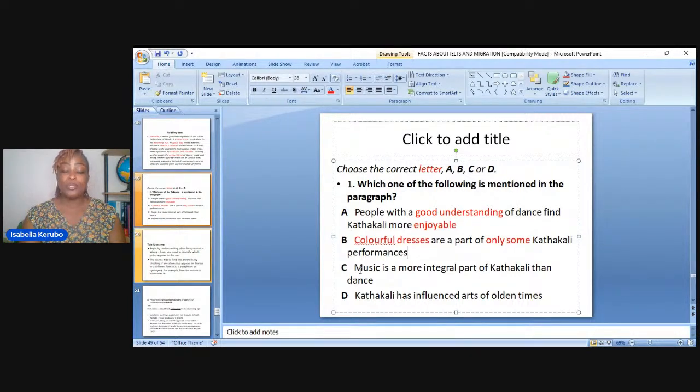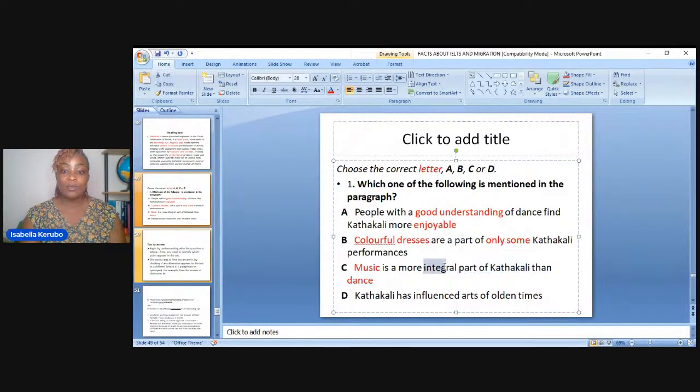Okay. Option C, music is a more integral part of the Kathakali than dance. So we need to check what they said. In this case, we need to underline, or in fact, we are looking at music, what they said about music, and what they said about dance, in as far as this Kathakali movement is concerned. And then there is also here this introduction of this word, integral part.